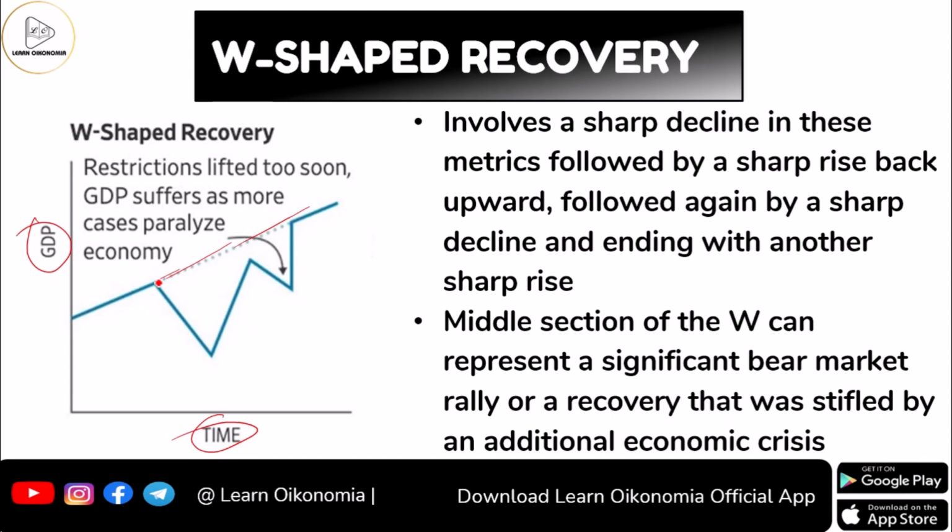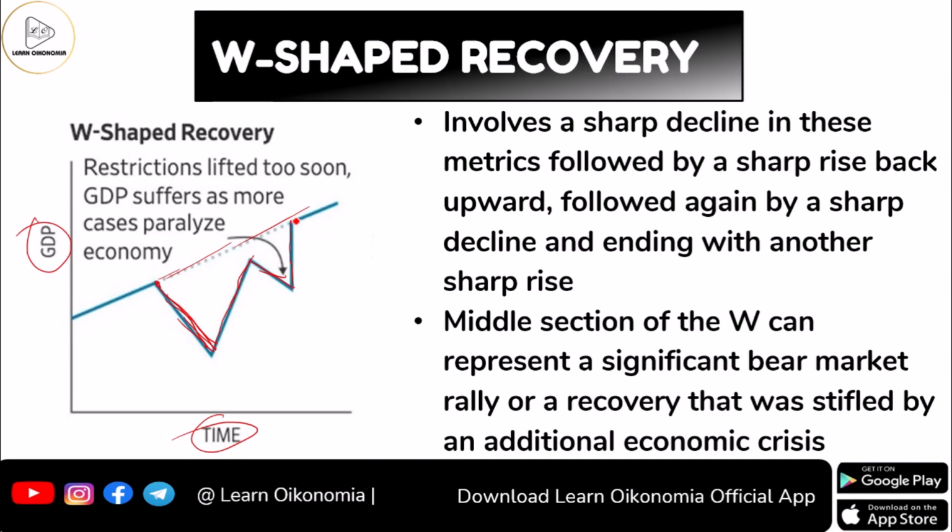Okay, from this point, the economy would be coming down all of a sudden, and the economy would be taking several steps. As a result, to an extent, it will be coming up, but again there would be a sharp decline. Then also the economy would be taking several steps, it will increase.